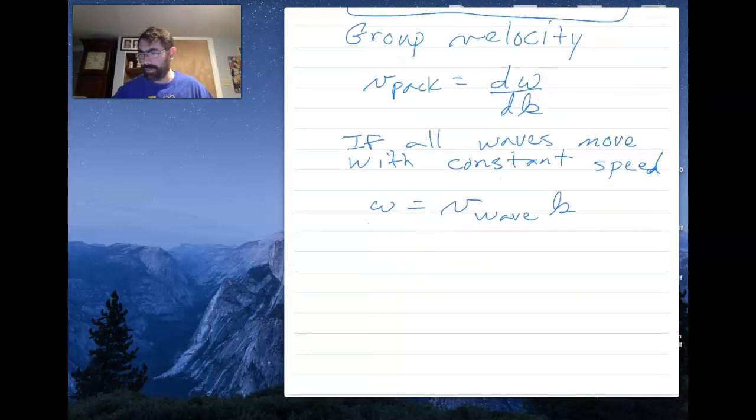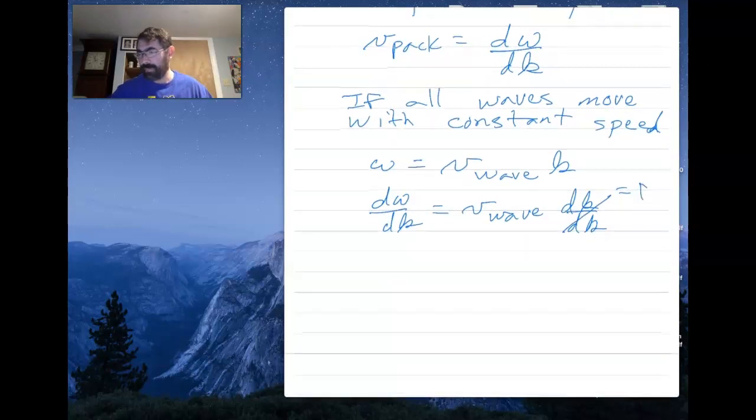I take the derivative of that with respect to k. This wave speed is a constant, and the derivative of k with respect to k is 1. And so if every wave has the same speed in my packet, then that would be the speed of the whole wave system.